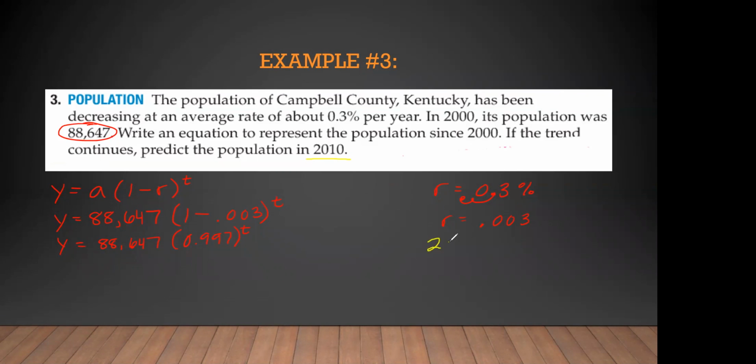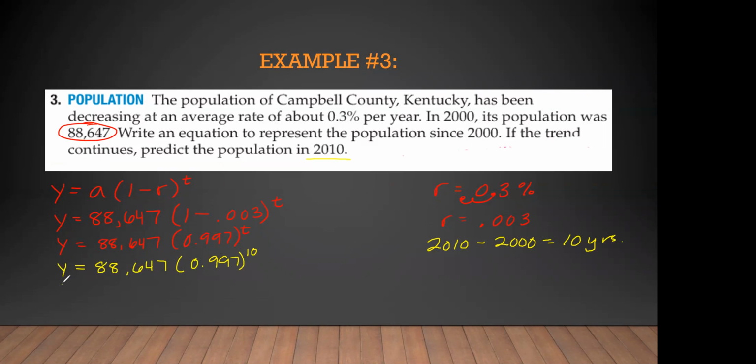So from 2010 to the original year, which was 2000, it's a difference of 10 years. So now we're going to use this same equation that we just figured out, and the t, or the time, is going to be 10 years, okay?